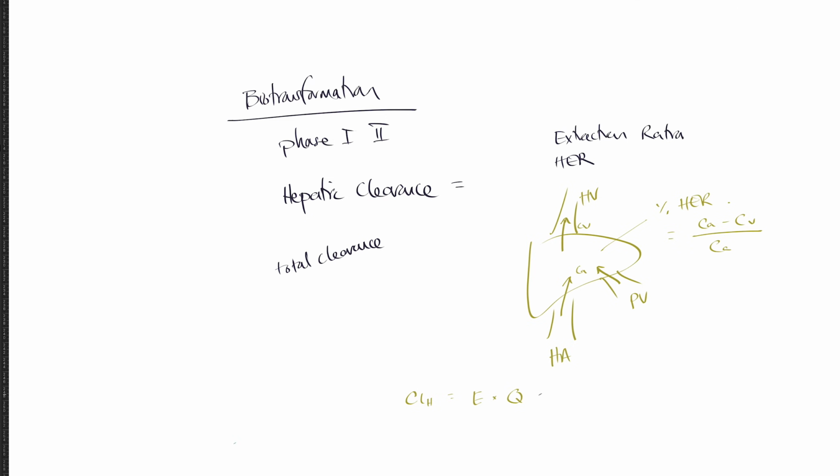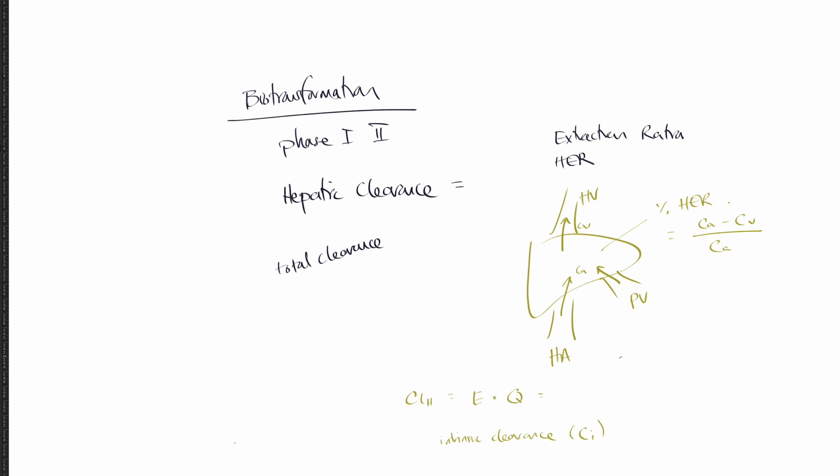And so what we know is that the extraction ratio is also related to the intrinsic clearance of the liver. Intrinsic clearance, or CI, describes the enzymes in the liver and their function able to actually convert and use phase 1 and 2 reactions.